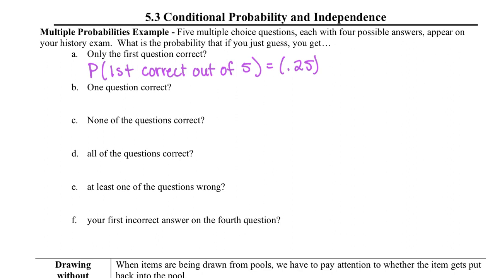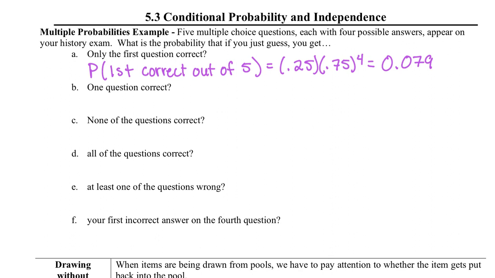So we need to multiply by that 0.75 the 4 times we're going to get the other problems incorrect. We end up with 0.079, and our probability is so small here, about 8%, because the order mattered. It had to be specifically that first question was the only one we got right.